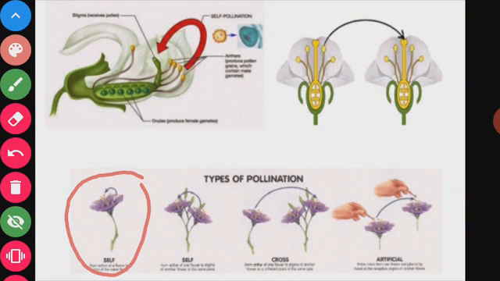It is the process of transfer of pollen grain from the anther to the stigma of the flower. When transfer of pollen grain from the anther to the stigma occurs within only this one flower, that is known as self-pollination.